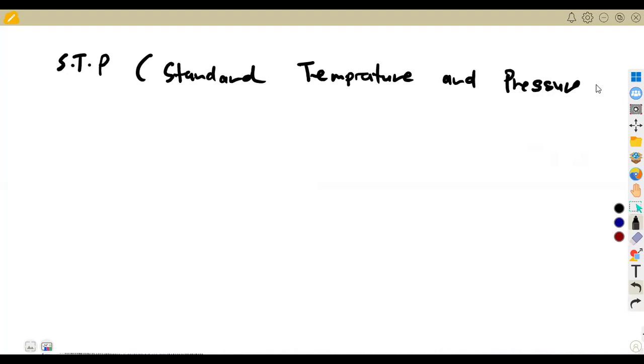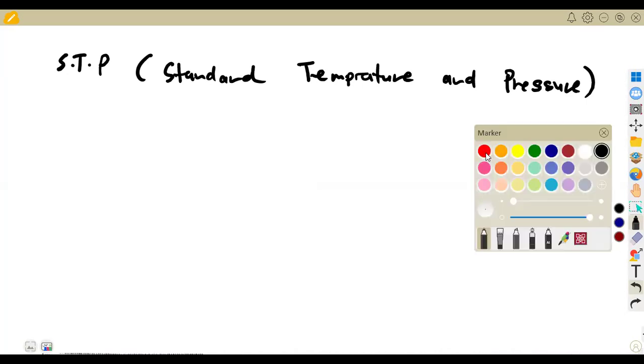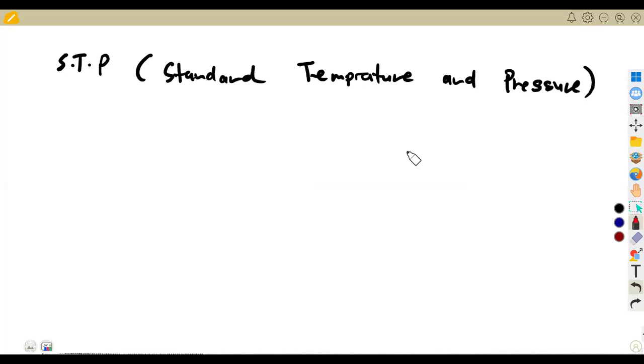The important thing to talk about is that these are the standard values, the bases, for pressure and temperature. At standard condition, we take our temperature to be 0 degrees Celsius.